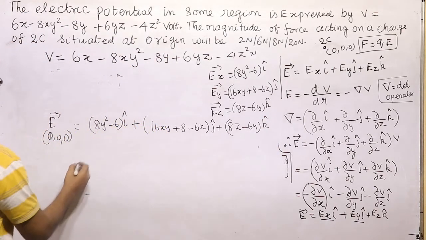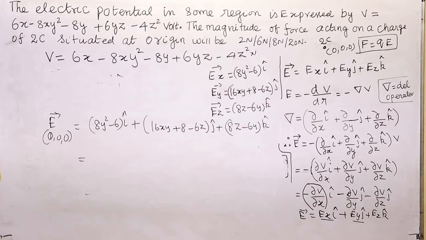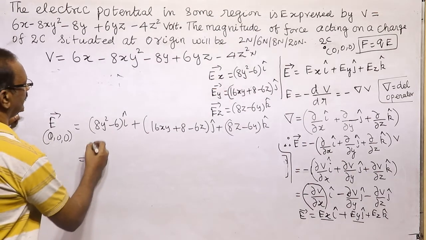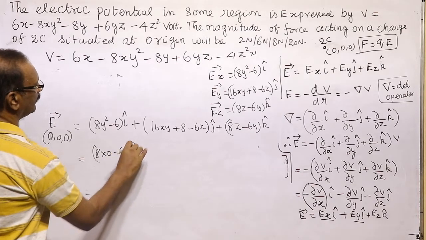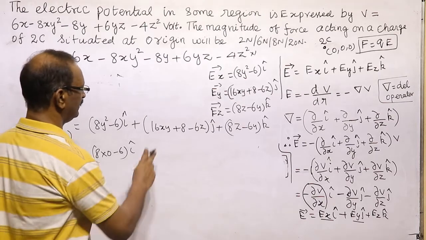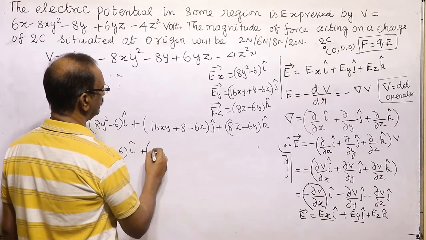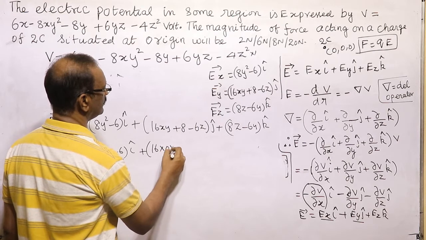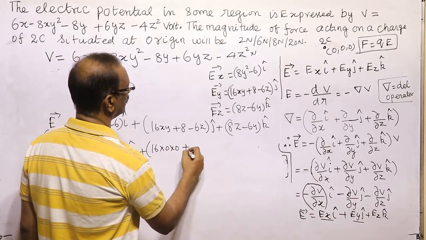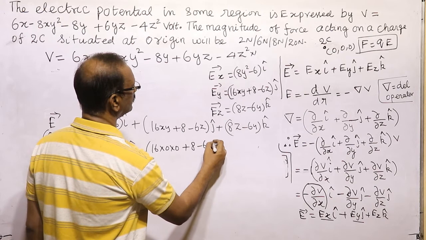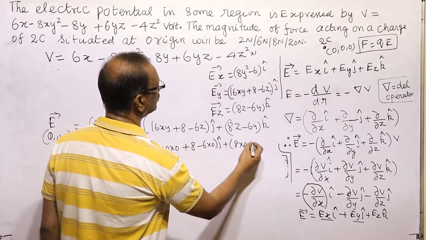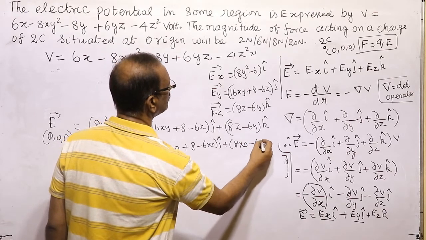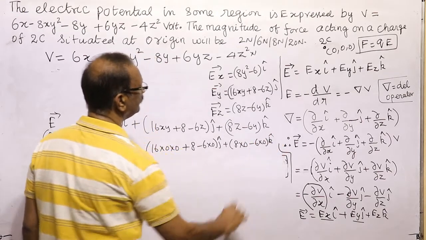Therefore, the net electric field at the origin: we substitute x is equal to 0, y is equal to 0, z is equal to 0 at the origin. It means 8 into 0 minus 6 i cap, plus 16 into 0 into 0 plus 8 minus 6 into 0 j cap, plus 8 into 0 minus 6 into 0 k cap.